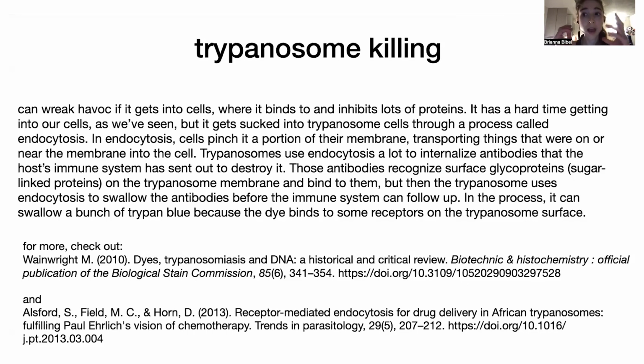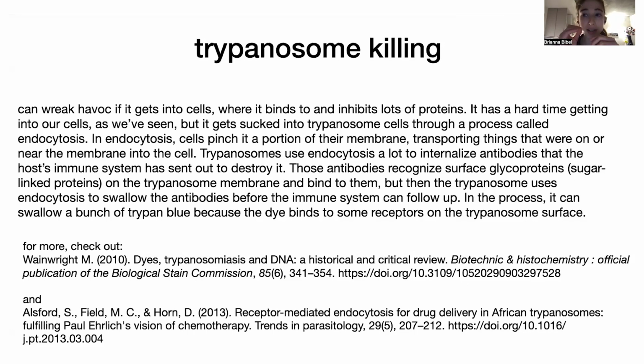interior. This dye can bind to proteins on the surface of the trypanosome. So if the trypanosome then endocytoses, it can take in the dye. And these trypanosomes do a lot of endocytosis because they think they're really clever, and then they get tricked by their cleverness. But normally this cleverness works.